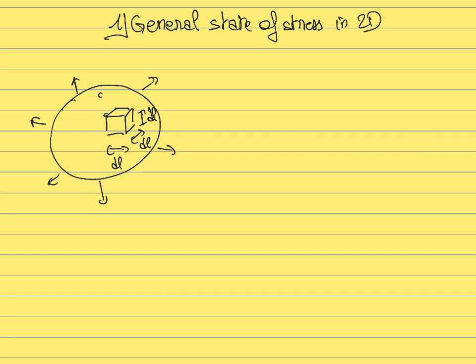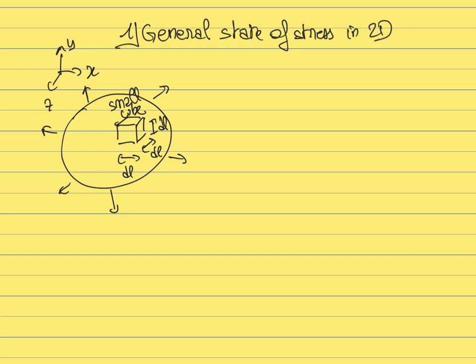And now we are going to isolate this small cube and see what are the forces that are applied to this cube. So let's assume that we have a given space like this, where this is the axis x, axis y, and then the axis z is coming towards you. And now let's see what we get if we zoom in on this small cube and see what are the forces that are applied to this cube.